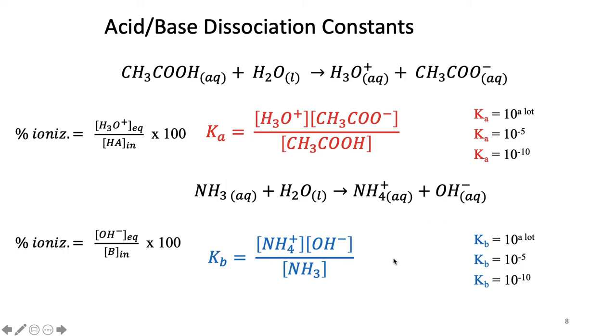It's the same concept. If this NH3 is acting as a base in water, it accepts a proton from the water. Notice that now the water is acting as the acid by donating a proton to NH3 to form NH4+.